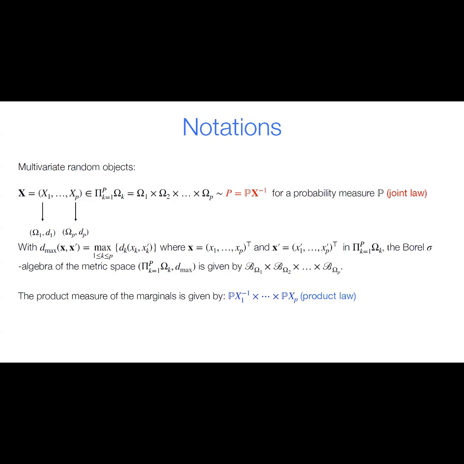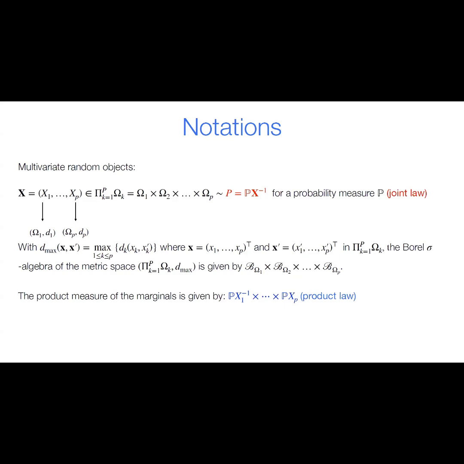This P here is the joint law of all these p random objects. And if we equip the space with this maximum metric, then one can actually create the Borel sigma algebra of the product space by using the product of the Borel sigma algebras of the individual spaces. So this is just giving some regularity conditions to prove theorems and so on.